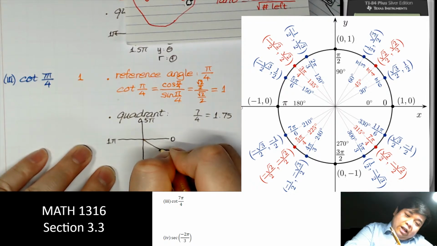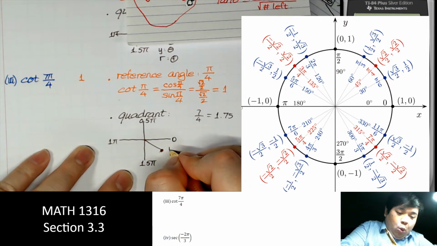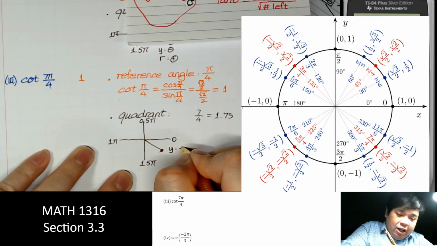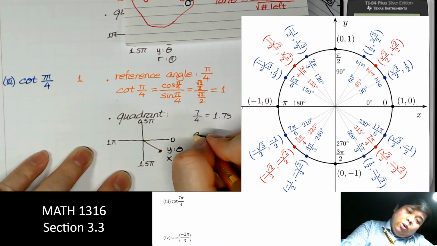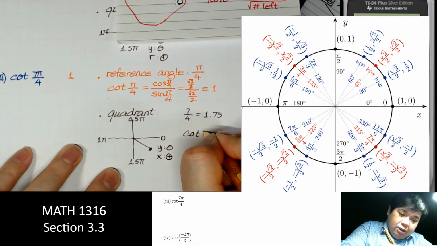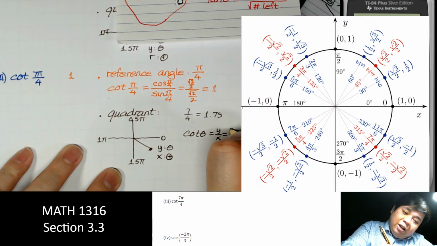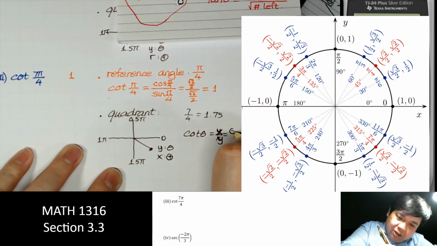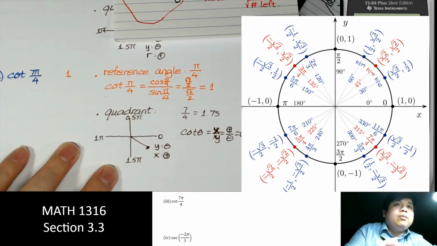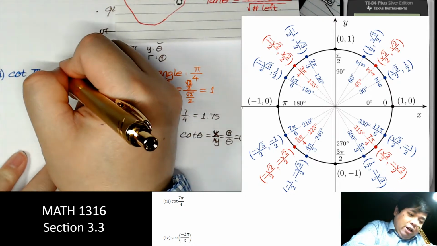So that will be in here. In here, y is negative, x is positive. Cotangent is x over y, positive divided by negative is negative. So the answer is negative 1.